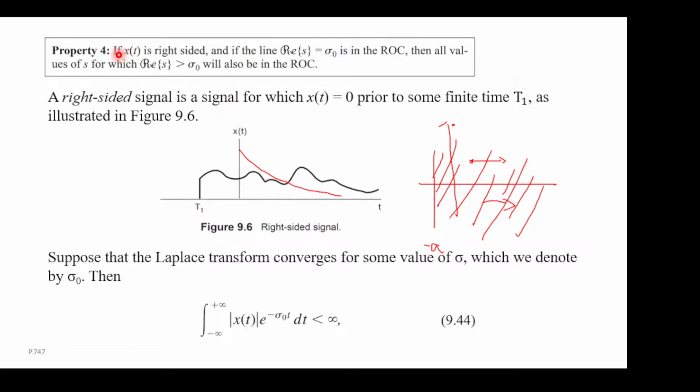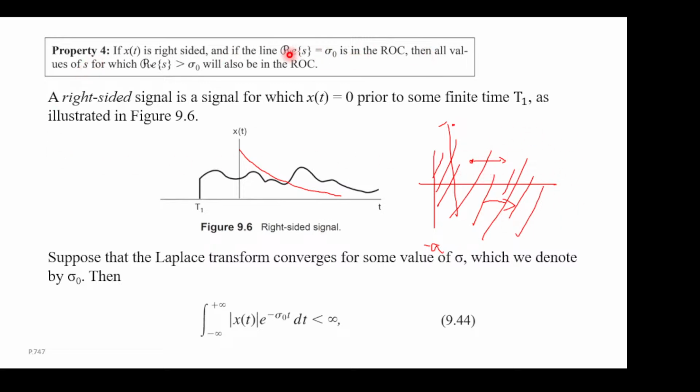And so if x of t is right-sided, then the ROC also has some property because of this cutoff at t1. The idea is that the ROC will extend to the right side to infinity.